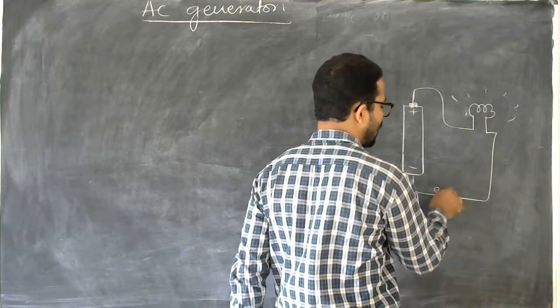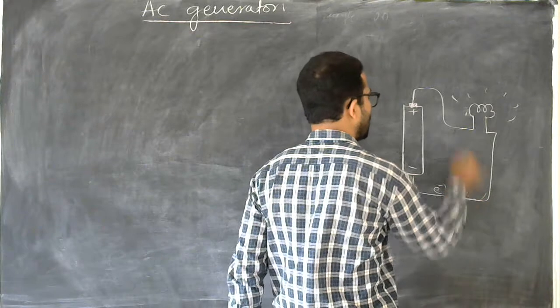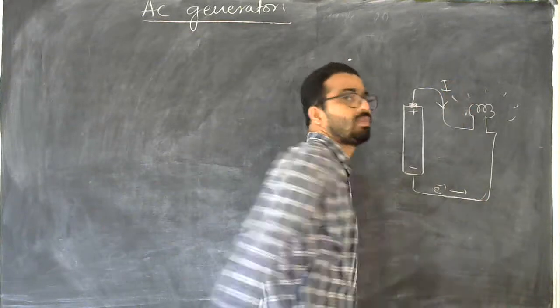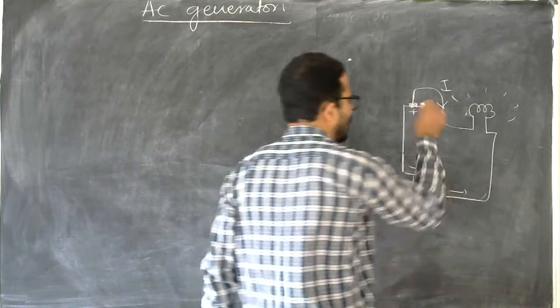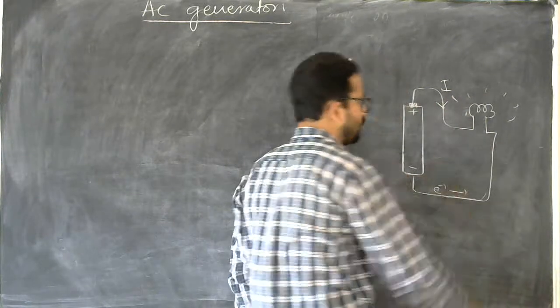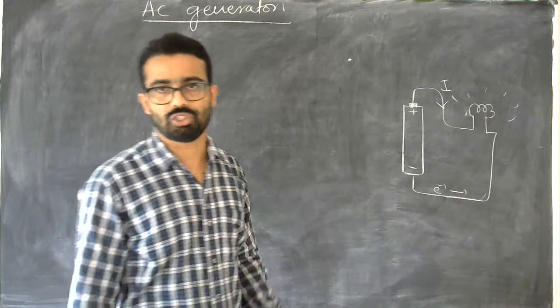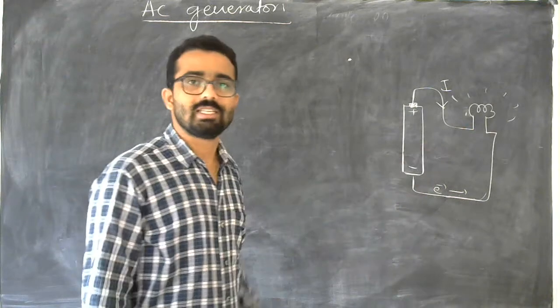This is the movement of electrons here. The current will flow like this, that is the conventional current direction. So ordinarily you can say current will flow in only one direction. This is called DC.